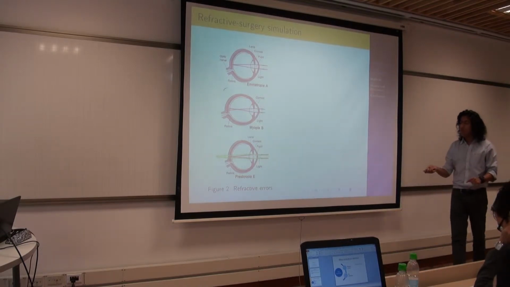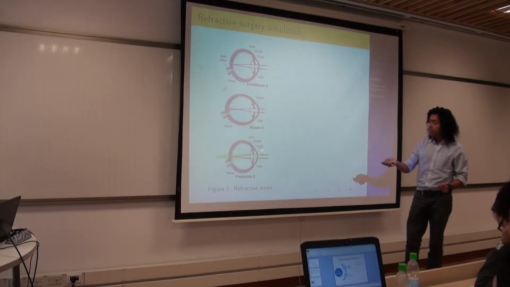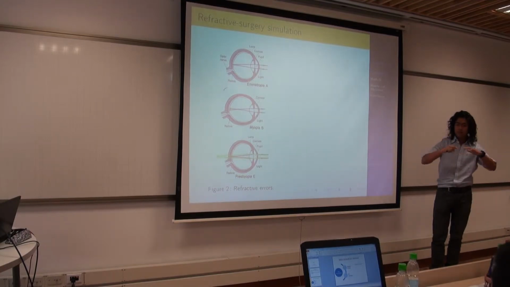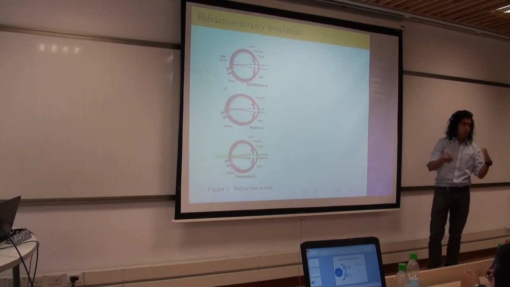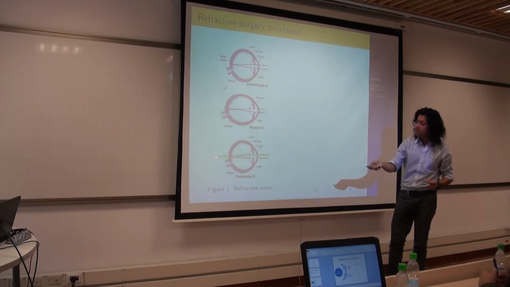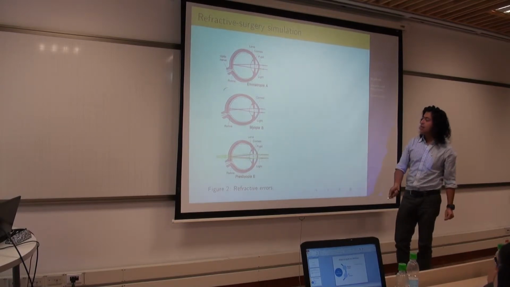The other problem, which is the contrary one, is presbyopia, which means that the cornea is not curved but flattened. So the focus of light beams is just after the retina. These are two very common refractive errors, myopia and presbyopia.